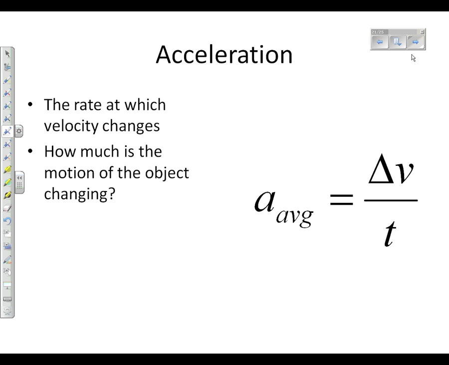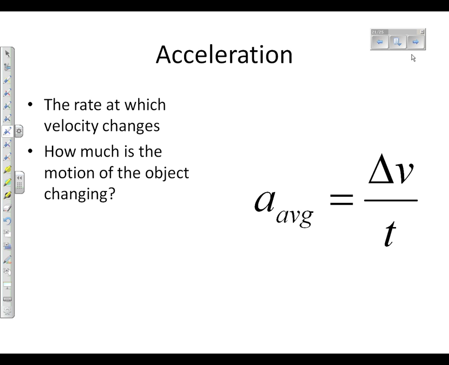Let's keep going. The reason why acceleration answers that third question, what is it going to be doing in the future, is because acceleration tells us about the change in the motion. Velocity says, what is it doing right now? Acceleration tells you how much it is changing what it's doing right now. How much does the motion of the object change?